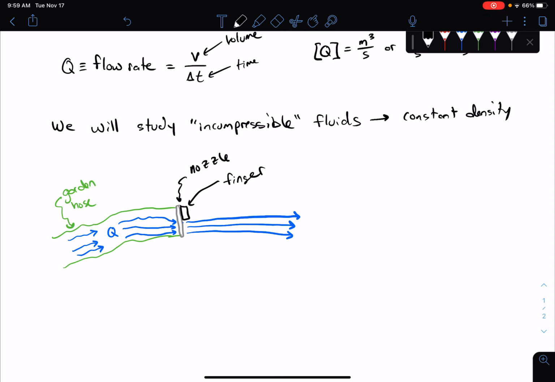Okay? And so this is actually going to be an effect that, while we might have seen it in everyday life, is going to be really, really helpful for us in understanding fluids, and it's going to be a key aspect of them.